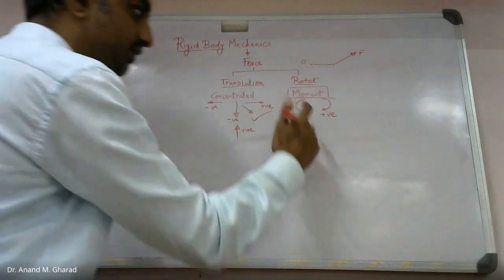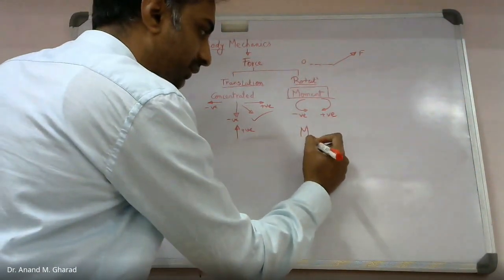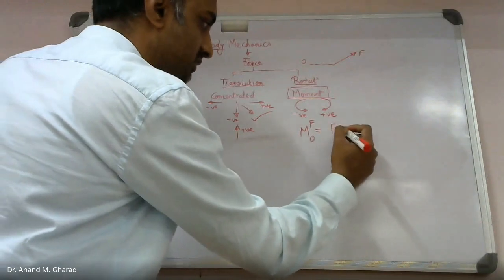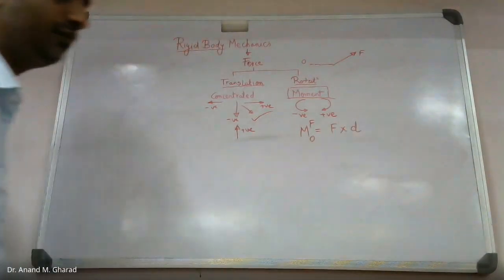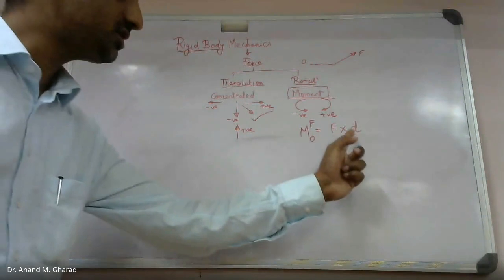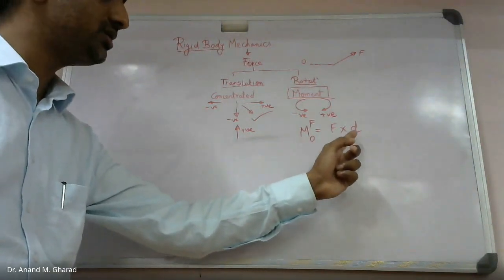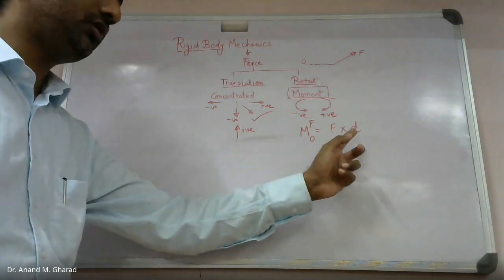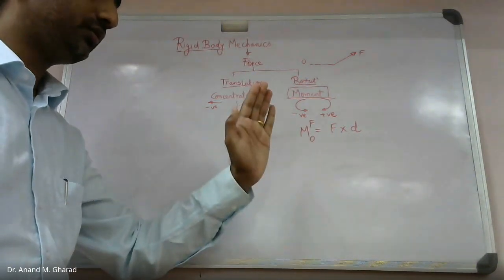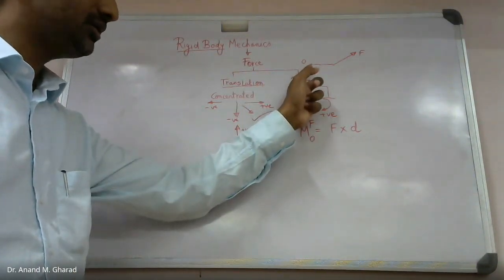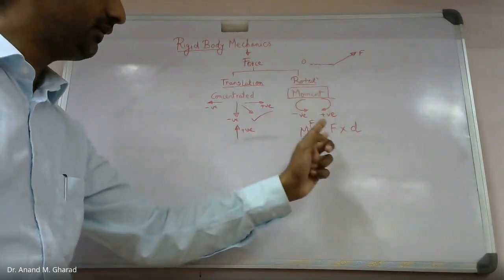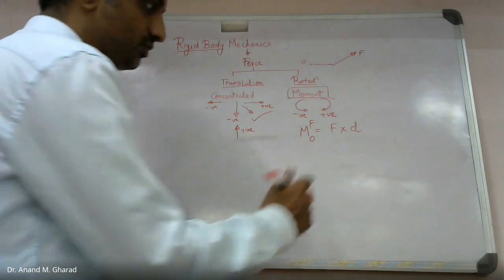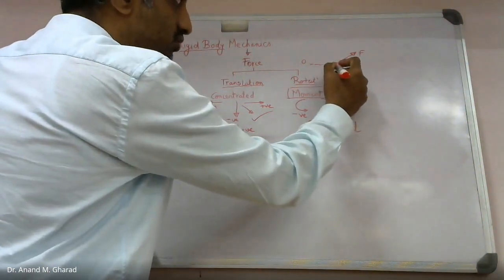As per the definition of moment about any point O because of the force F, it is nothing but the product of force and the distance. Now this distance is very important. It is the perpendicular distance from the point, known as the moment center, to the line of application of the force. So that perpendicular distance has to be identified.